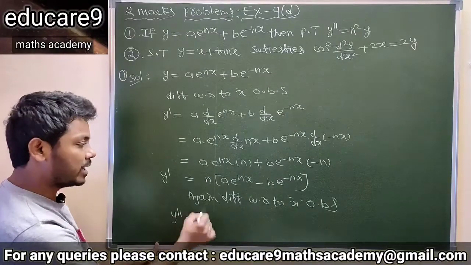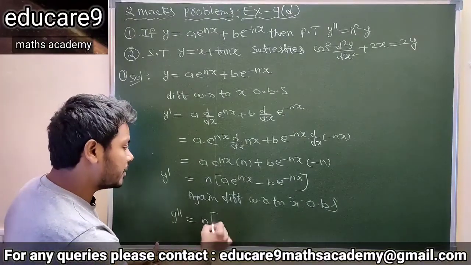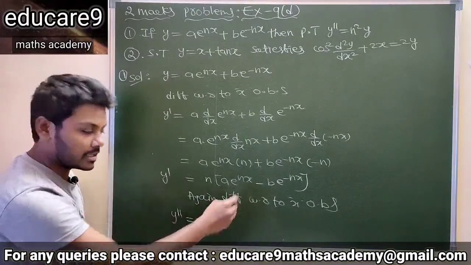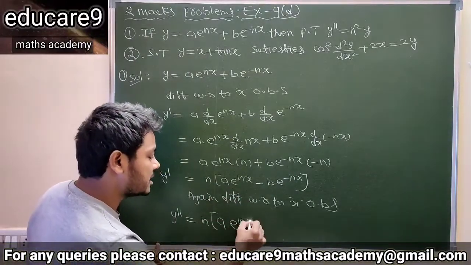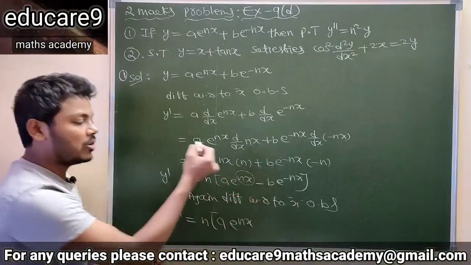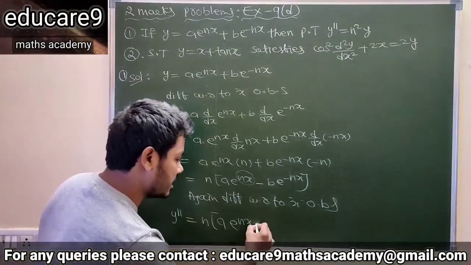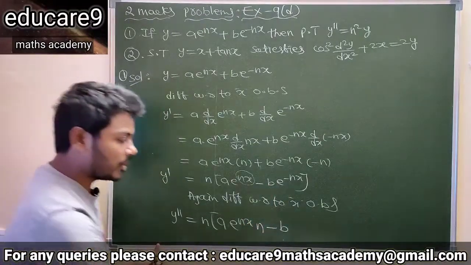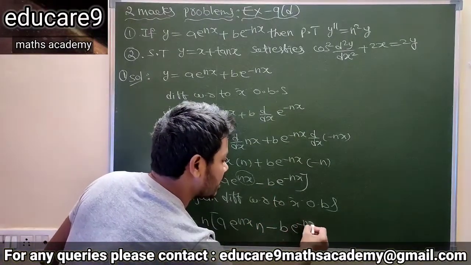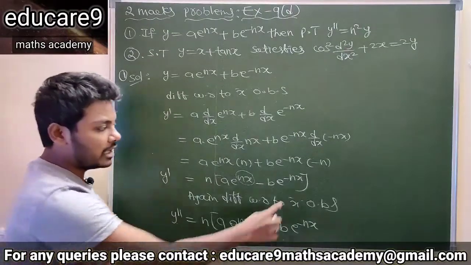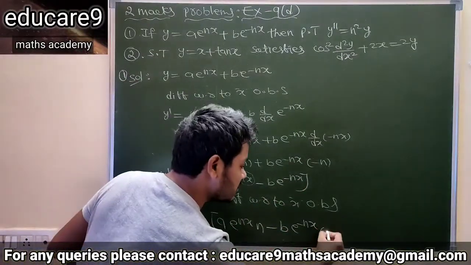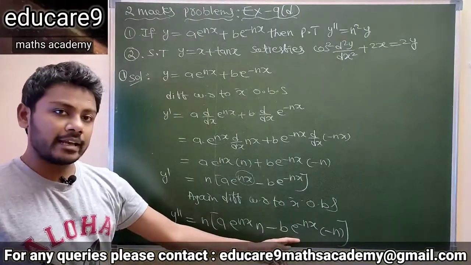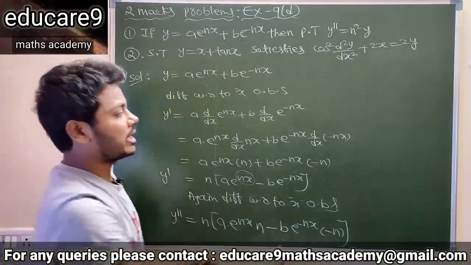The derivative of y dash is y double dash, n into a into the derivative of e power nx, that is e power nx, and the internal derivative of nx, that is n, minus b into the derivative of e power minus nx, e power minus nx, and the internal derivative of minus nx, that is minus n. In both terms again n is common, n into n, n square.